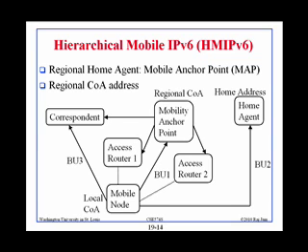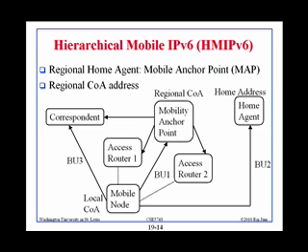So can you find an agent in that country which acts like your home agent? And so actually instead of calling them home agent, we call them anchor points. So you can find an anchor point in a foreign country, and so you will have a hierarchy of anchor points, and that becomes hierarchical mobile IPv6.